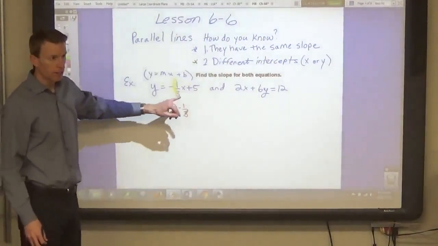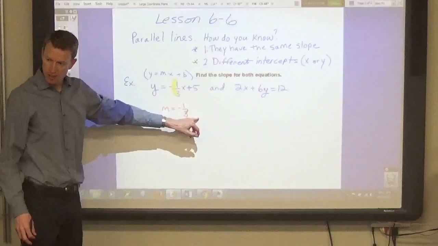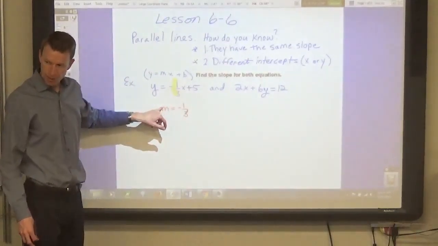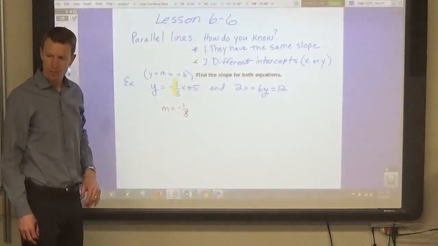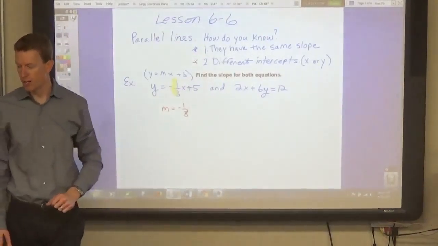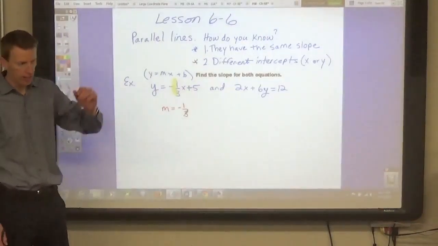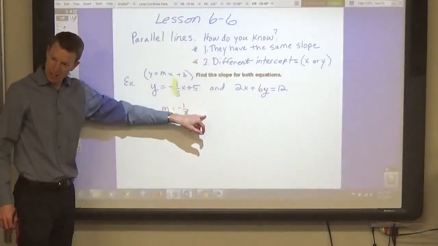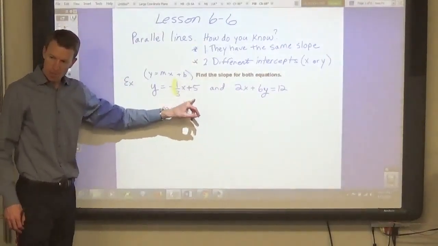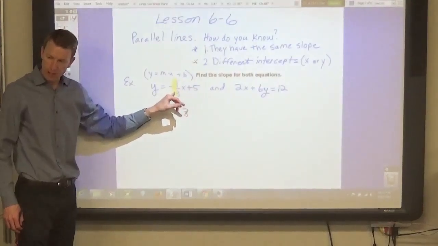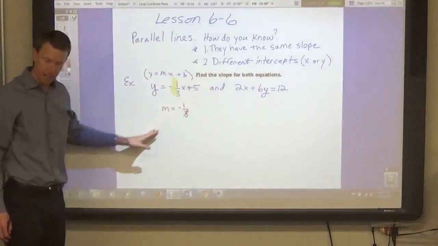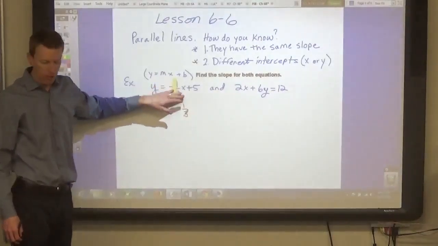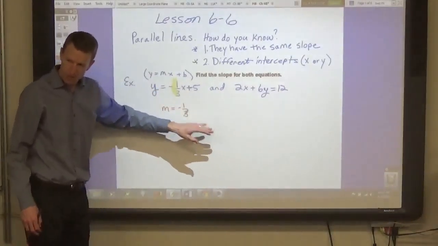Means you go down 1 and over 3, or you go up 1 and left 3. You could go either direction, as long as it makes it a negative line, going down to the right.